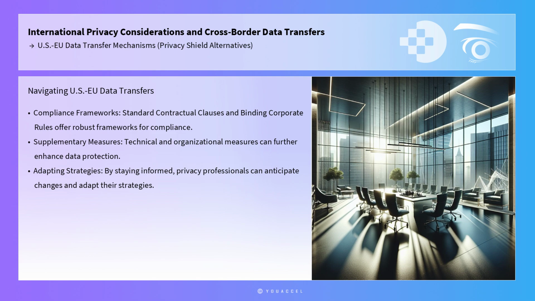By staying informed about legal developments, such as the proposed EU-U.S. Data Privacy Framework, privacy professionals can anticipate changes and adapt their strategies accordingly. Through practical tools and frameworks, organizations can address real-world challenges and ensure compliance with GDPR, safeguarding the privacy rights of individuals while enabling the flow of data across borders.